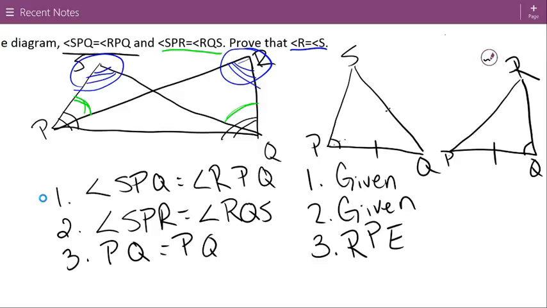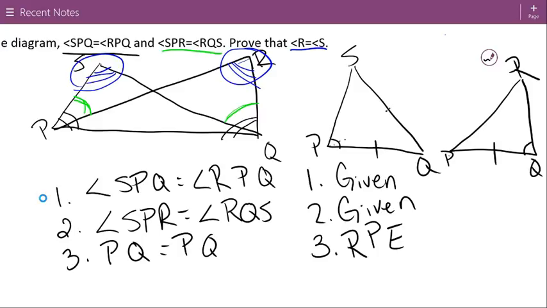All right, so now, given the fact that we have this large angle P and this large angle Q, we are concerned with angles S and angles R. So we have an angle and a side.